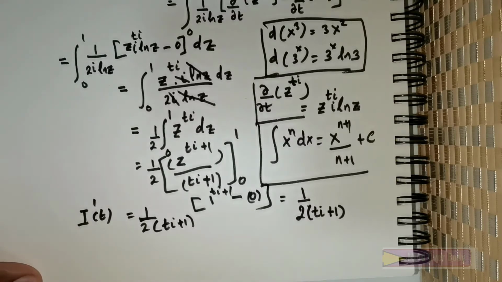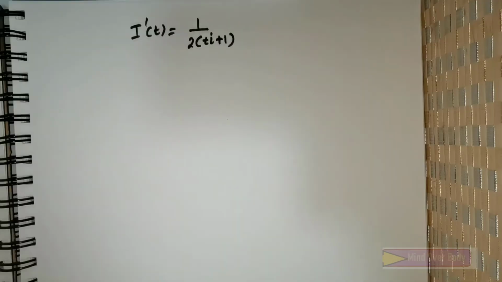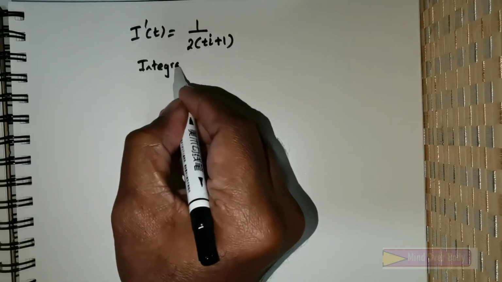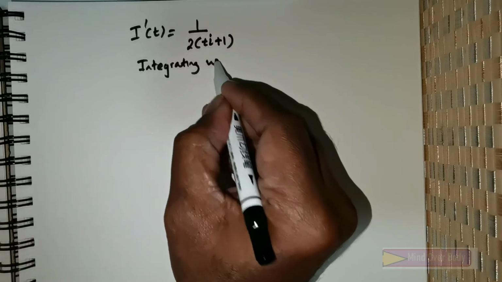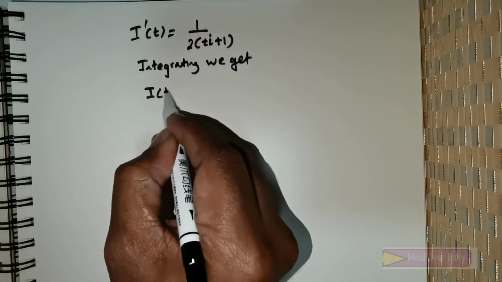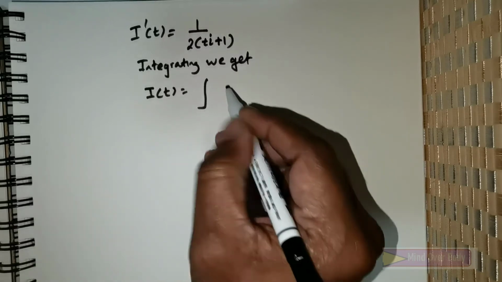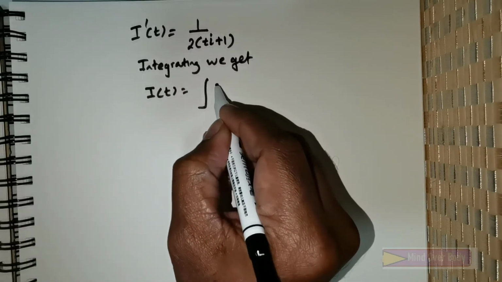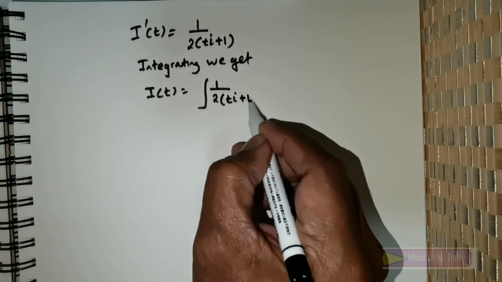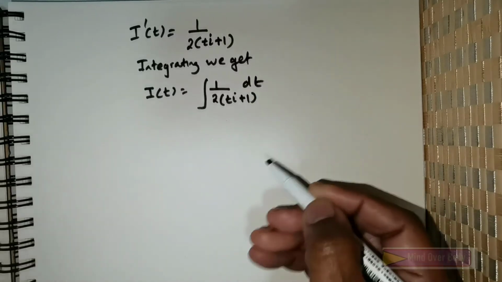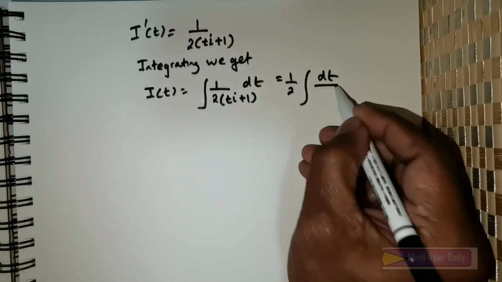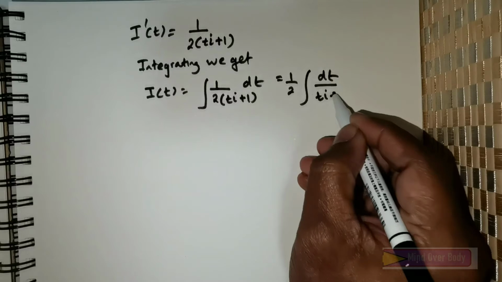We have to integrate the entire process. So integrating, on the left side it's going to be I of t. On the right side it's going to be integral 1 over 2 of ti plus 1 times dt. I can rewrite this as 1 over 2 integral dt divided by ti plus 1.